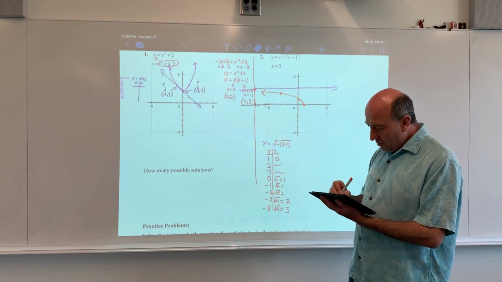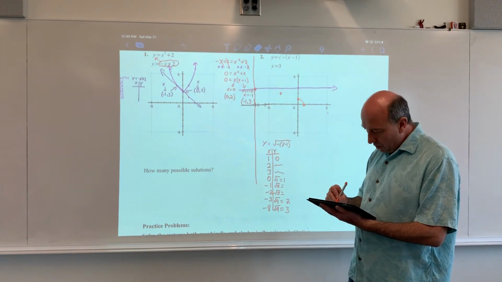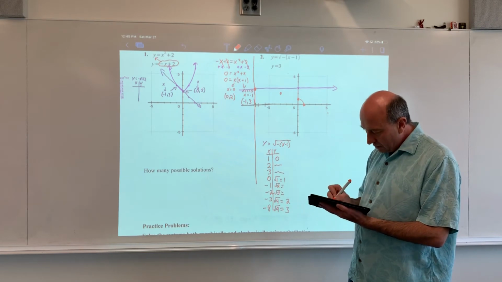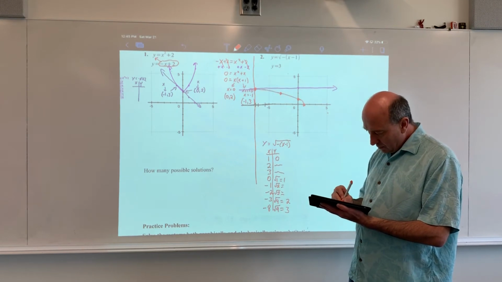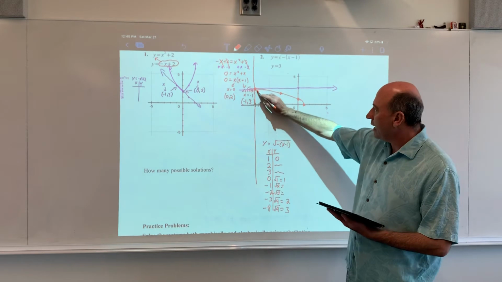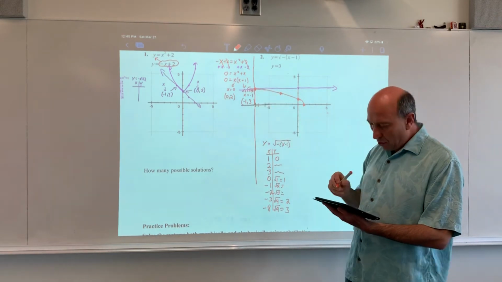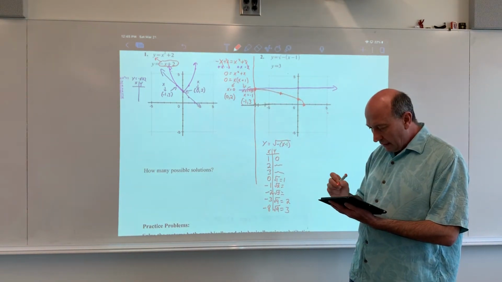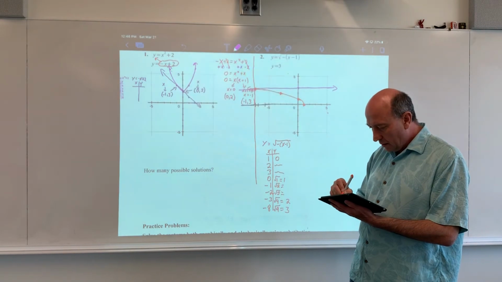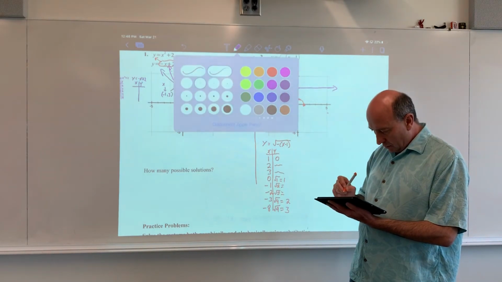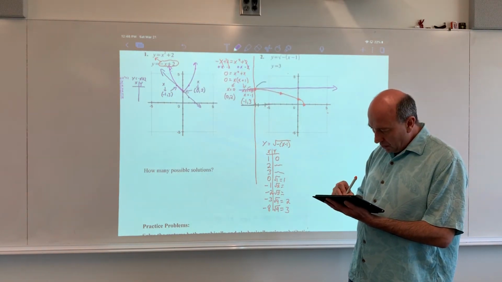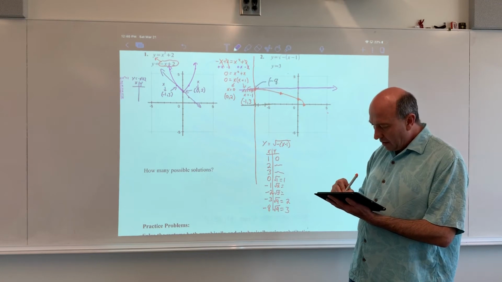So if I graphed it more accurately, it would go up like this. And there it is right there. -8, 3 is the solution. So right here, the solution looks like -8, 3.